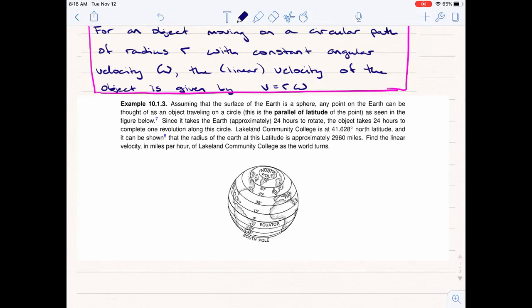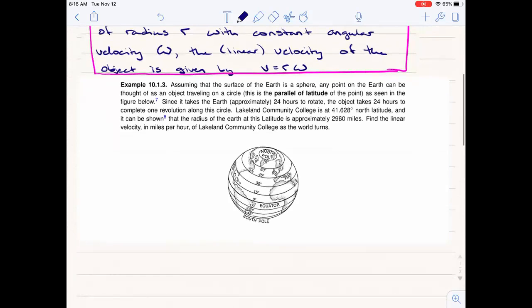We're asked to find the linear velocity in miles per hour of Lakeland Community College as the world turns. So we can find the angular velocity, because we know how fast it's revolving around: it takes 24 hours.